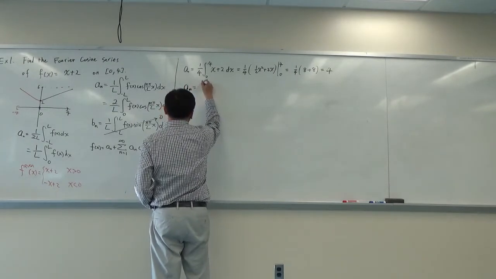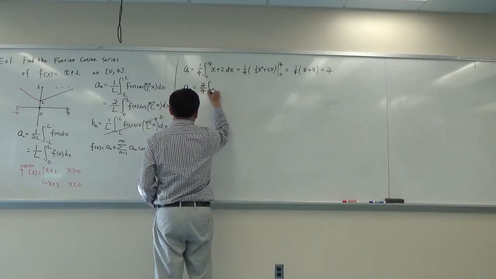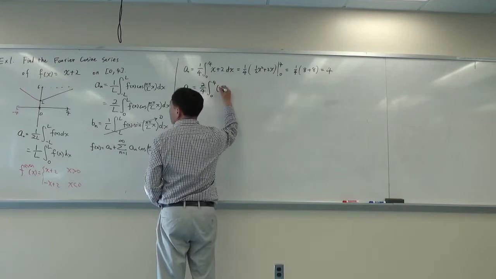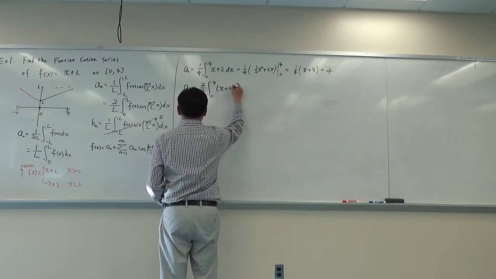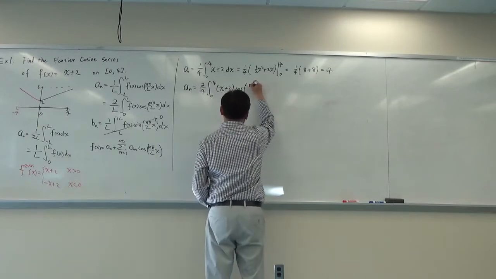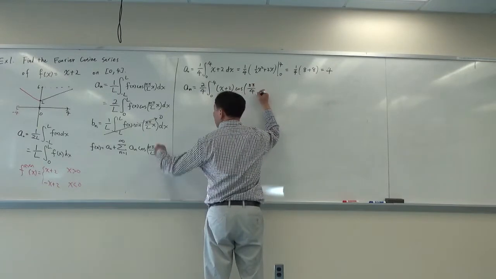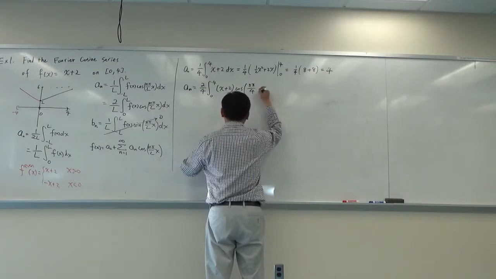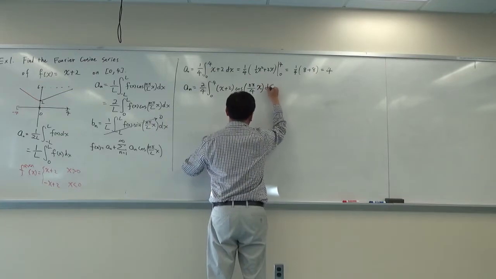An would be 2/4, integral from 0 to 4 of x plus 2 cosine n pi over 4, remember, L is 4, so this becomes 4 here, dx.